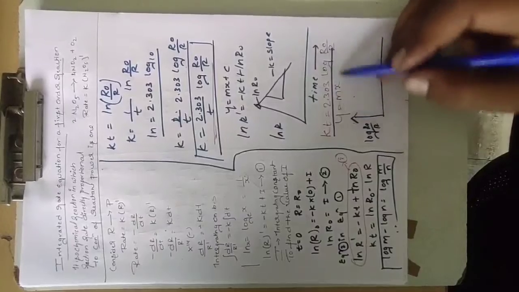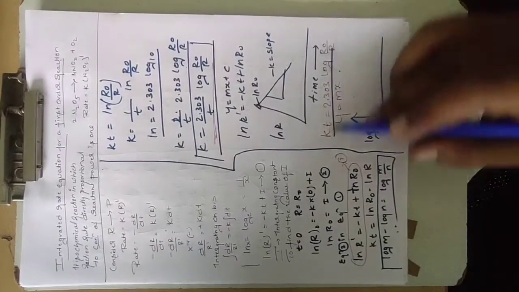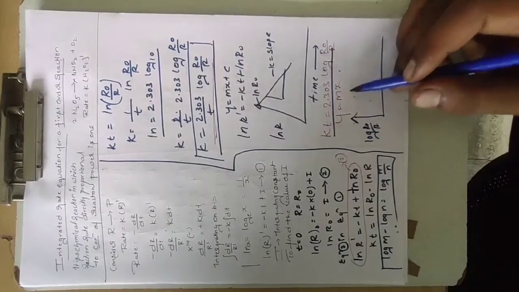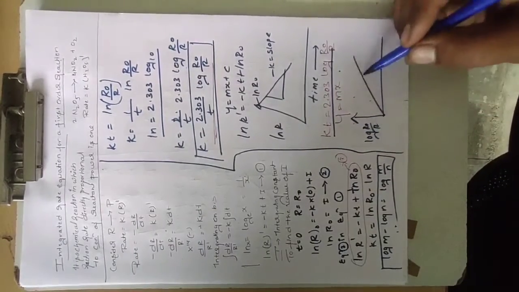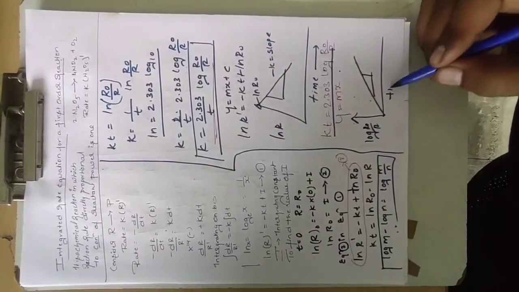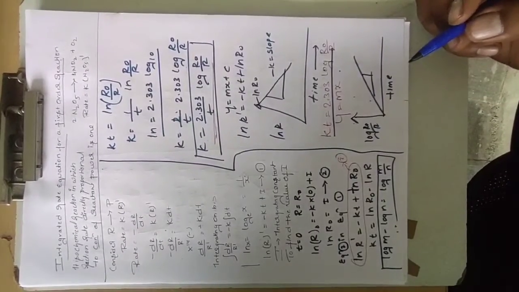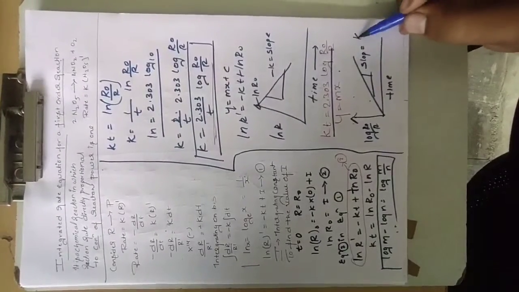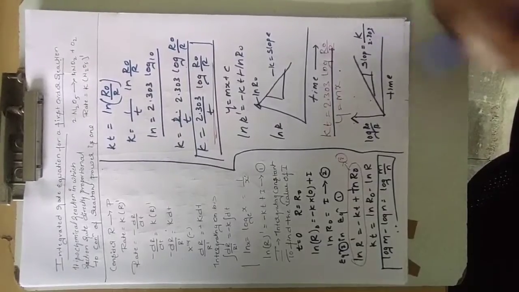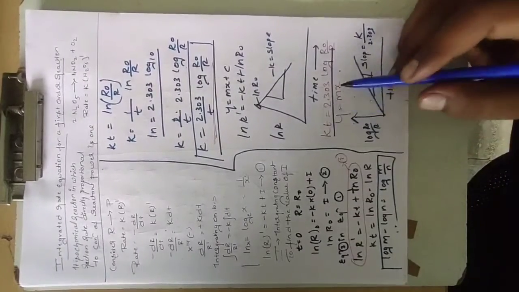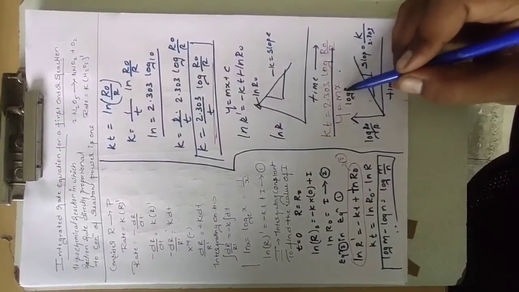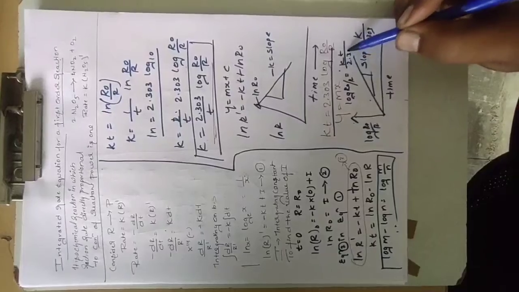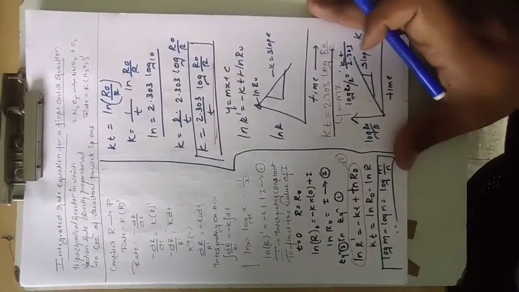If log goes to the left hand side, it becomes log r naught by r equals kt by 2.303. This is the expression we got. Time is on the x-axis, and here the slope gives k into 2.303. Do you understand these equations?